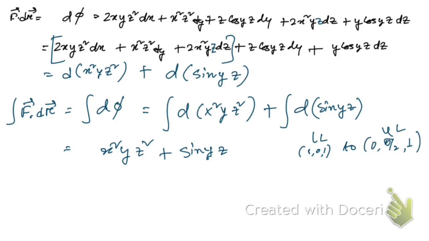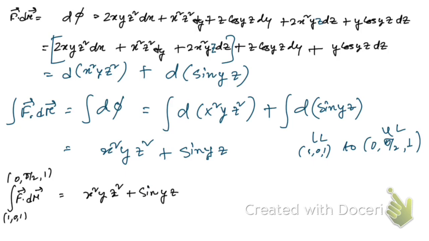So in that case, this line integral of f dot dr from 1, 0, 1 to 0, pi by 2, 1 is given by x square y z square plus sine yz, integrated from 1, 0, 1 to 0, pi by 2, 1.